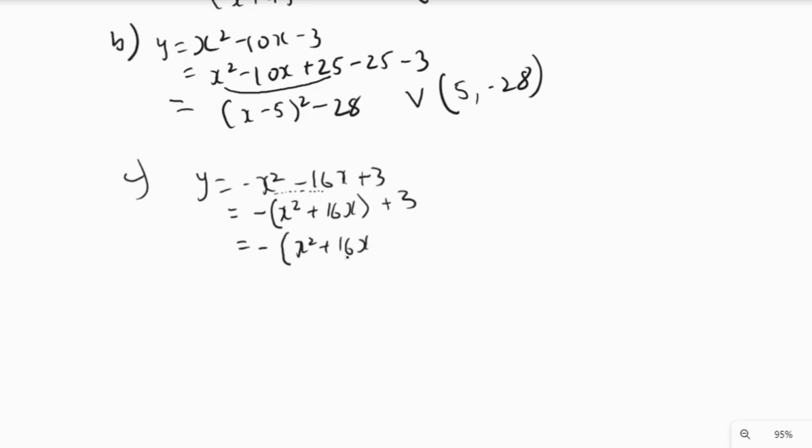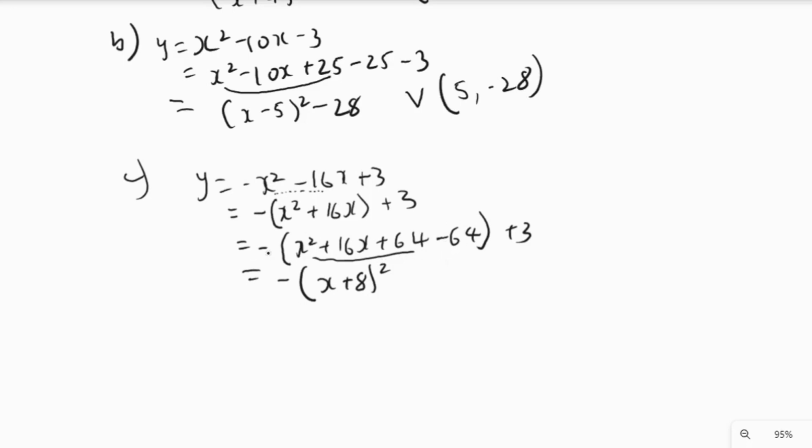Half of 16 is 8. 8 squared is 64. 64 minus 64. I always add and subtract. Plus 3. Minus the first three terms with a positive, (x plus half of 16, which is 8). Now, I cannot take minus 64 here because this is inside a bracket.